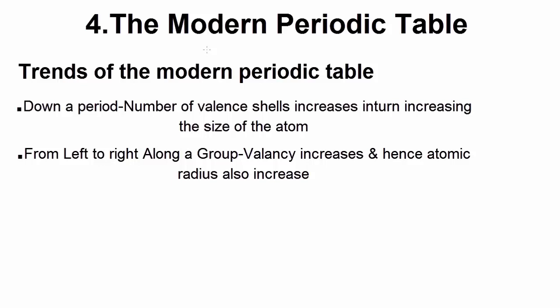And from left to right along a period, the valency increases along with the atomic radius decreasing due to increase in the nuclear charge. Higher nuclear charge means the electrons are closer towards the nucleus.